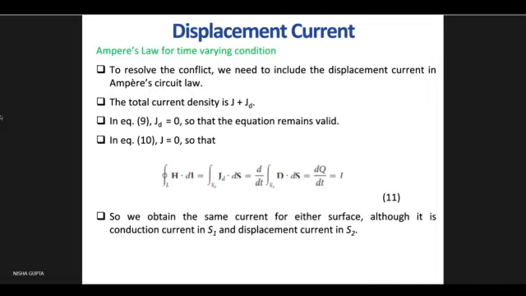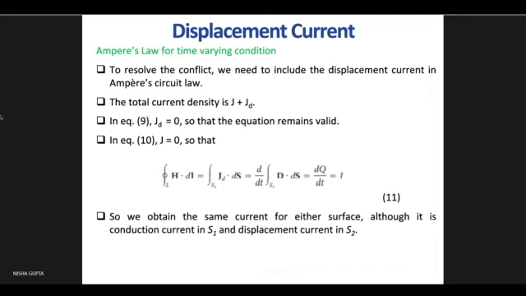In the first case, when we are considering the surface S1, there is no displacement current JD, only conduction current. That is why it is valid. But in the second case, there is no conduction current because the surface is passing through the capacitor, so there is no conductor between the plates.